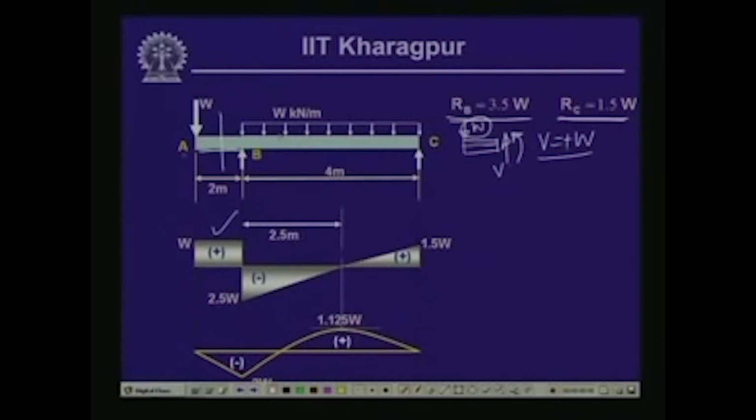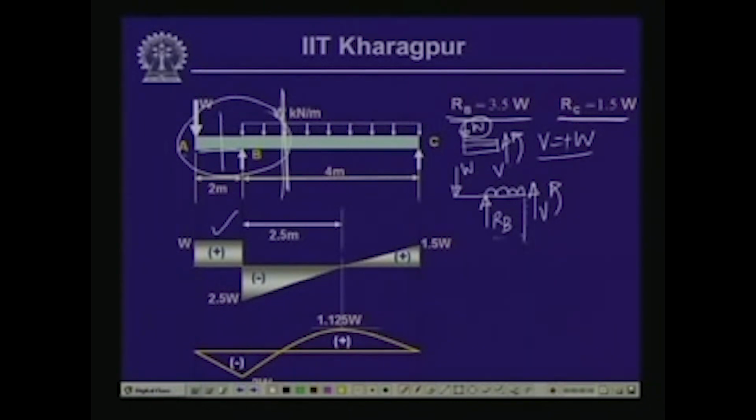Now, if we take a free body diagram of this beam and cut the beam at this particular section and take the free body of this left part, then the free body diagram will look like this. This is the reactive force RB, here we have the load W, and here we have the shear force V and the bending moment M, and the load is distributed over this particular segment.